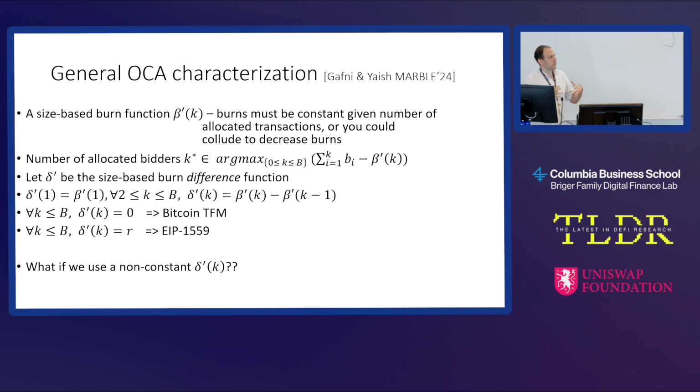And they still get allocated, but now they burn less. So in any mechanism that you design, you have to have constant burn. You also have to go for the highest bidders, because if you allocate to a non-optimal subset of the bidders, then they can just do some permutation and make sure that the highest bidders get in, and then they can compensate the people that got out or something like that.